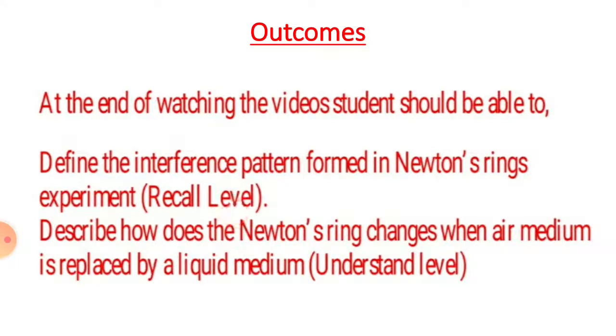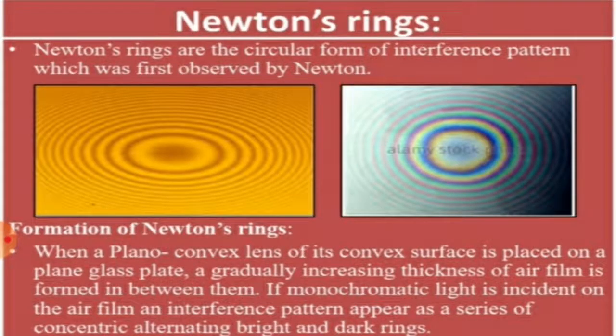Now we are going to discuss Newton's rings. Newton's rings is the best application for interference in thin films. Newton's rings are a circular form of interference pattern which was first observed by Newton, hence the name.